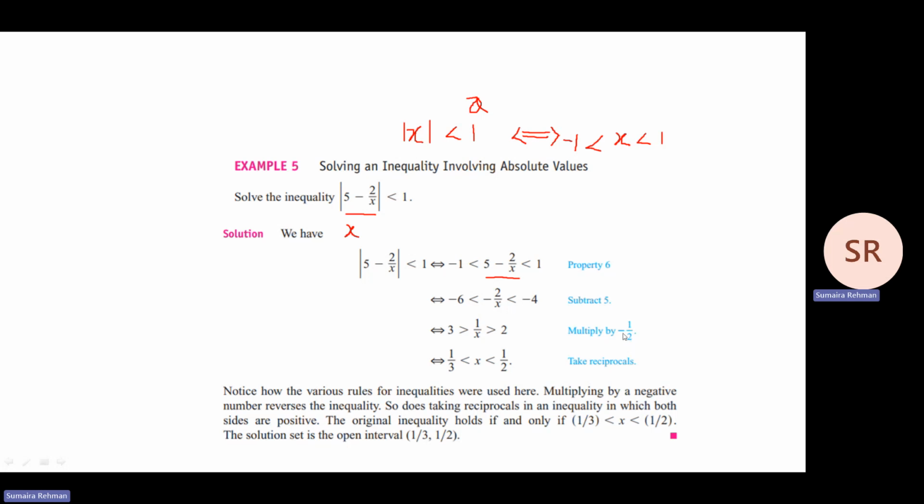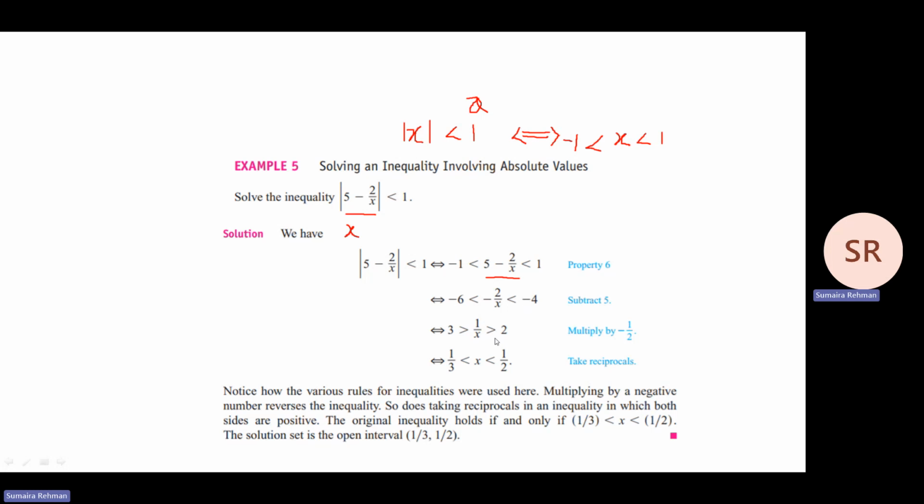I hope you remember that when we multiply with a negative, the inequality sign will reverse. Before it was strictly less than on both places, but right now you can see that after multiplying by minus half, it is reversed. Now we have strictly greater than, and strictly greater than over here.